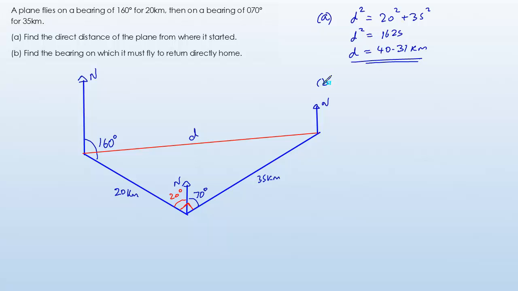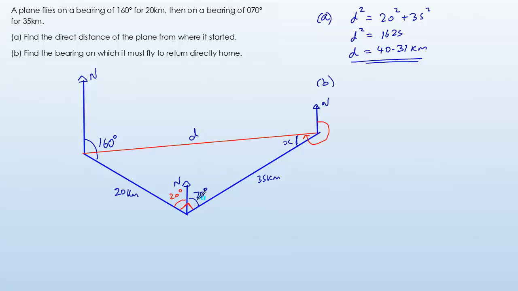Now for part B, we want the bearing. Now if I can work out this angle here, which I'll call x, clockwise from north is like so. Now, this is the angle we'd like to give, and then we need to think about how we're going to work it out. And once again, the north lines are going to come in handy here, because this north line and this north line are parallel.